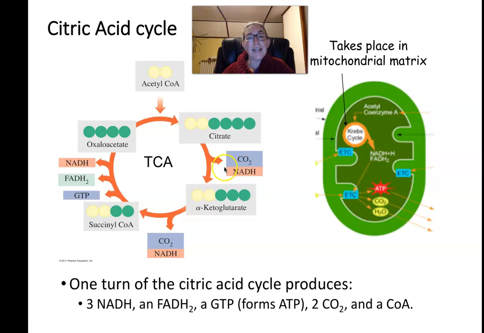Another product is NADH and FADH2, some more of these electron carriers that capture electrons like little taxis and are going to drive them to the electron transport chain at the end of this whole path. You also get a GTP generated. GTP is basically equivalent to an ATP, so it does form a little bit of ATP as well. And this happens in the mitochondrial matrix, which is the inner jelly of the mitochondria.